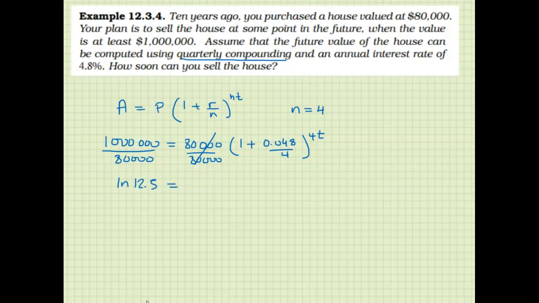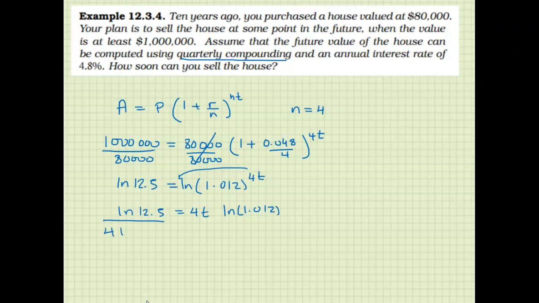Yeah, this was 1.012. Makes a lot of difference. Log. All right, take the 4t down. Log of 12.5 equals 4t log of 1.012.